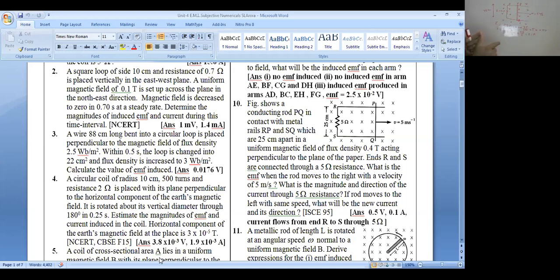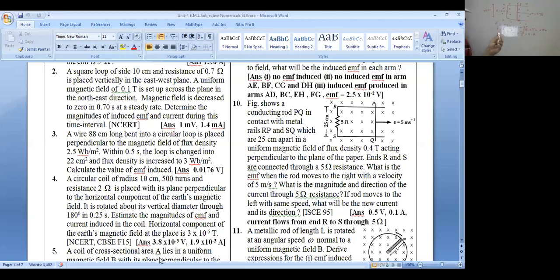The thumb tells you the direction of force or motion, the forefinger is the magnetic field, and the middle finger tells you the direction of the induced current. Can you find the formula for EMF and current? It's very simple, nothing new here.